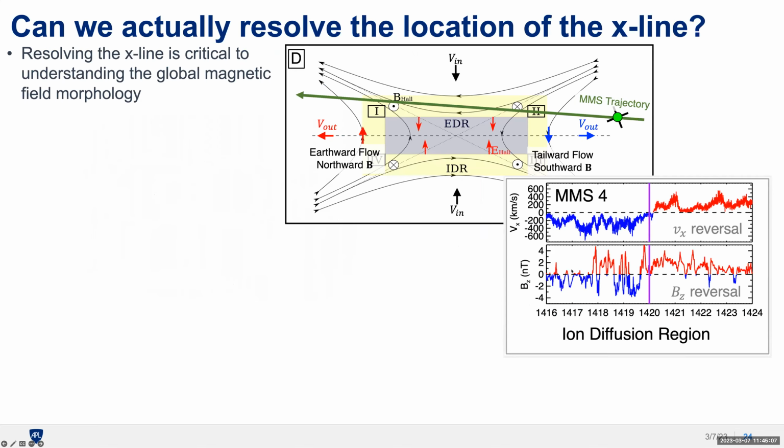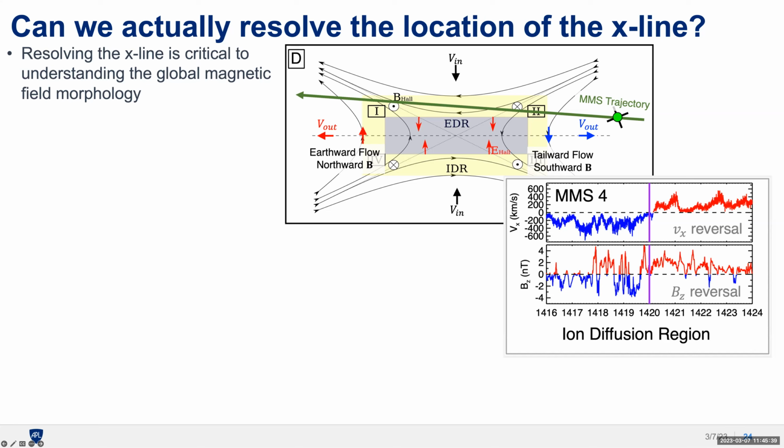whether or not we are actually resolving these X lines. MMS was designed, its trajectory, to try to fly through these ion diffusion regions and electron diffusion regions where magnetic reconnection is occurring. So these are basically the regions where ideal MHD is breaking down, and this kinetic physics is causing reconnection to occur.